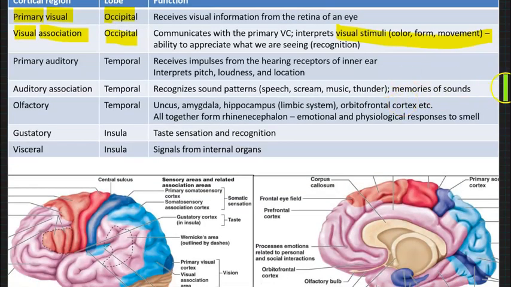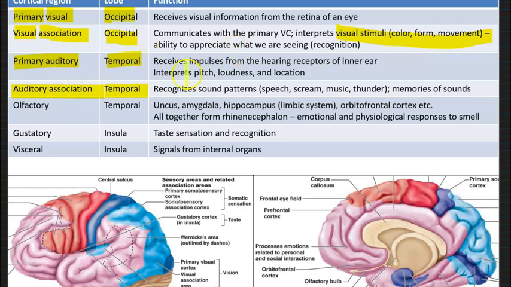Okay? Auditory cortex, located in the temporal lobe, is also divided into primary and association cortices. Same idea. Every sound has three main qualities: volume, pitch, and location. Your primary auditory cortex interprets where it comes from, how loud it is, and what pitch it has.